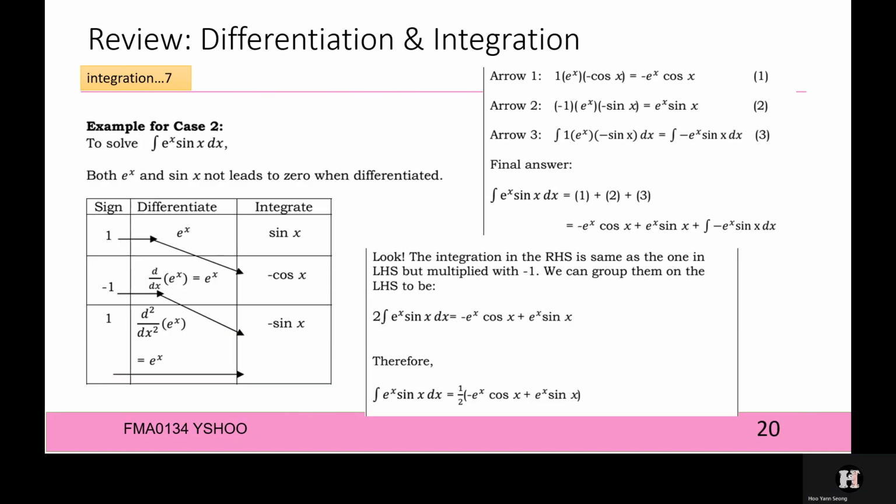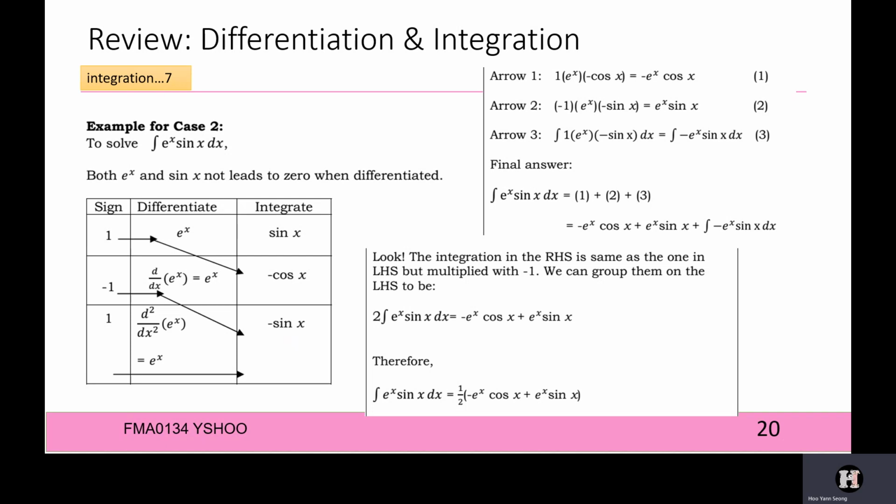You look at both, which cannot become 0 when differentiated. So we simply choose the e^x as our differentiate. So you differentiate e^x any number of times and it stays e^x, and then you integrate sine, which will become negative cos, then negative sine, and so on.